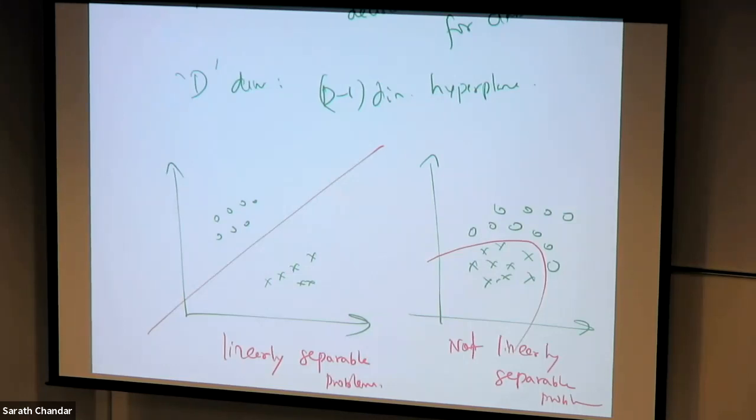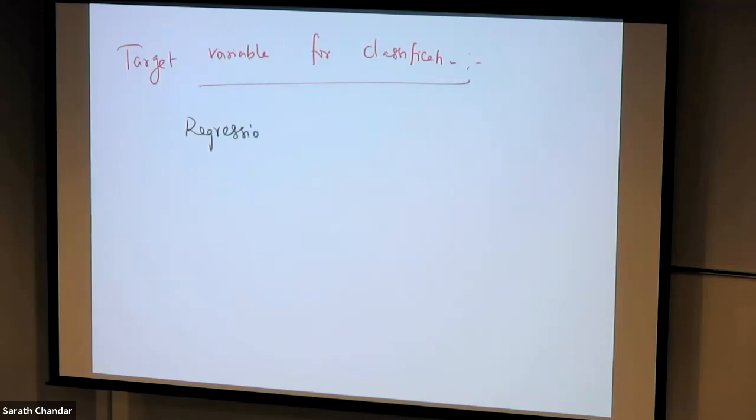Now let's talk about the target variable for classification. In the case of regression, the target variable was simple. It is just a real number, so t belongs to the real values. You had a real number that you want to predict.